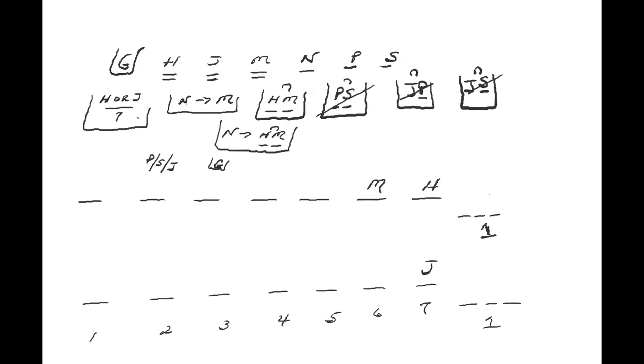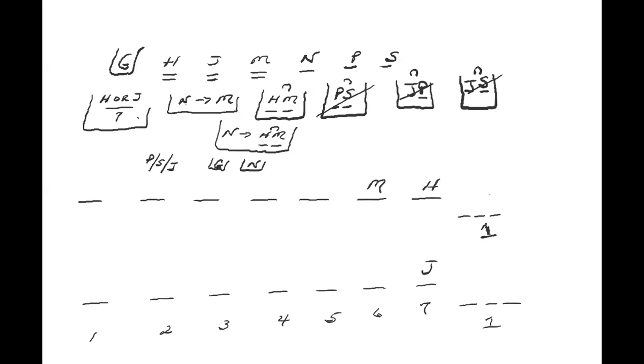And I have N, and N can go anywhere because N is now in front of both H and M. So these 5, I got it. And I don't want to jump to any conclusions, but it appears to me the P, S, and J likely need to be distributed on slots 1, 3, and 5. But again, I'm not trying to get ahead of myself.